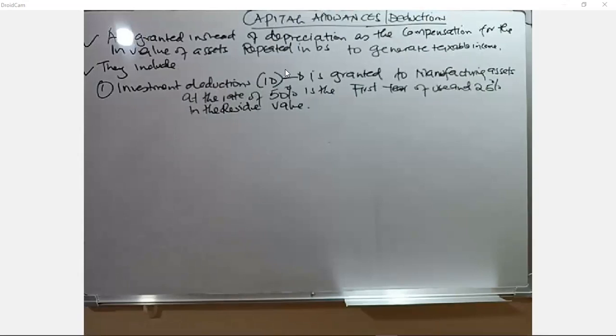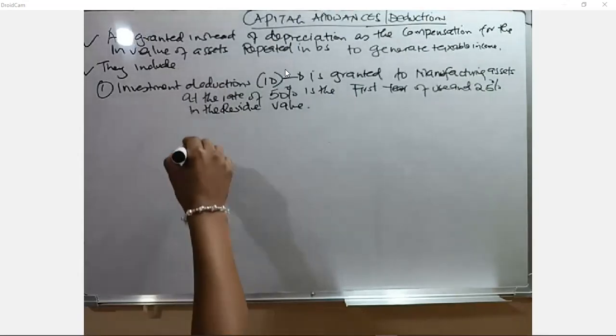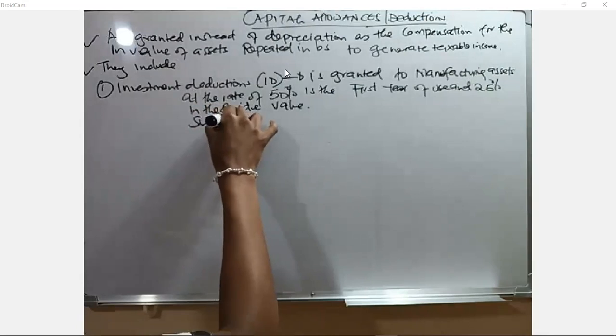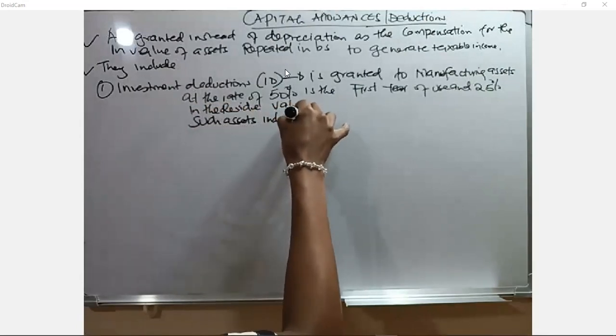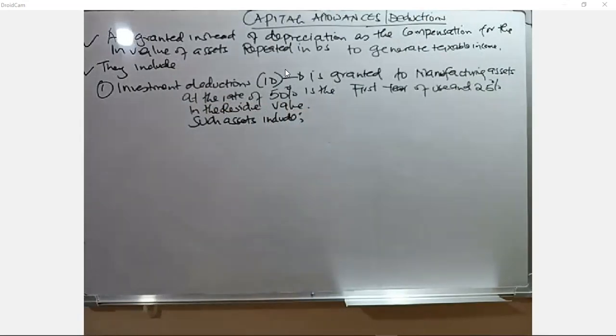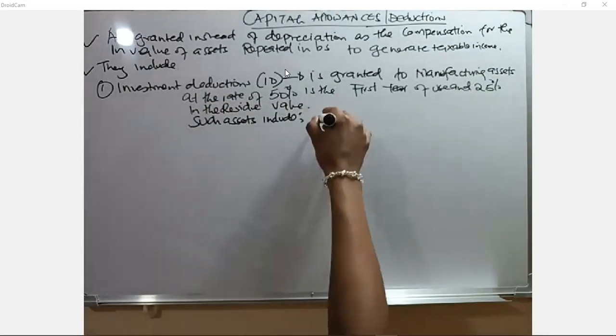Now, such assets normally include, right? What are these assets which normally qualify for investment deductions? We normally have a factory building.